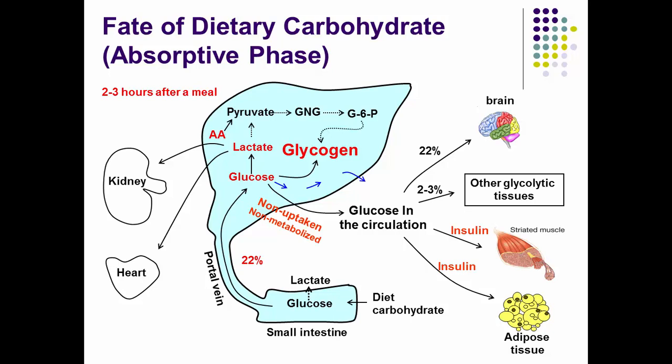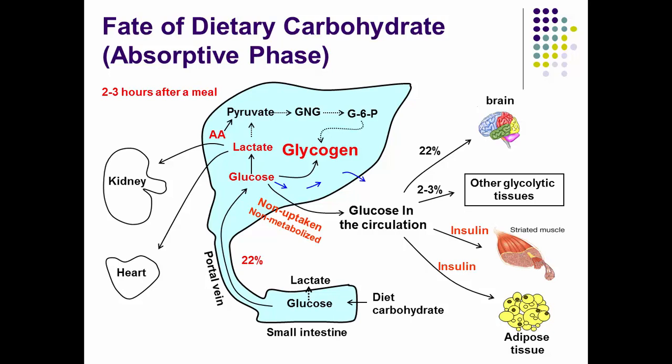So both amino acids and lactate are converted to pyruvate, or other intermediates like alpha-ketoglutarate and oxaloacetate, right, enter the gluconeogenesis pathway, and are converted to glucose 6-phosphate and used to synthesize glycogen, right? So this is how 22% of absorbed glucose is metabolized in the liver, and the glucose that has not been taken up by the liver, the non-metabolized glucose, then goes to the circulation, right?